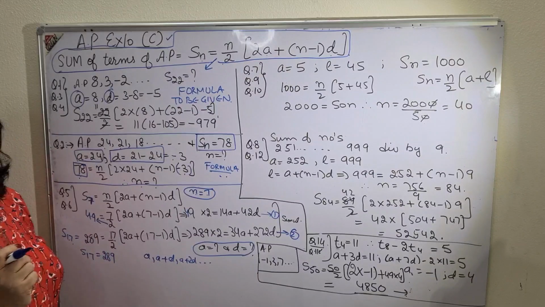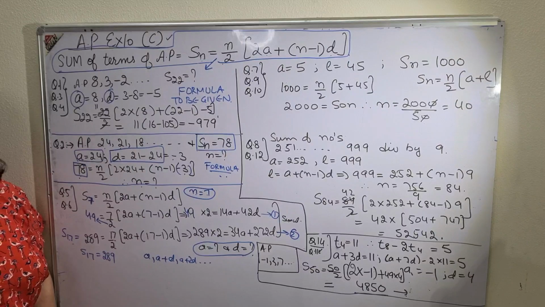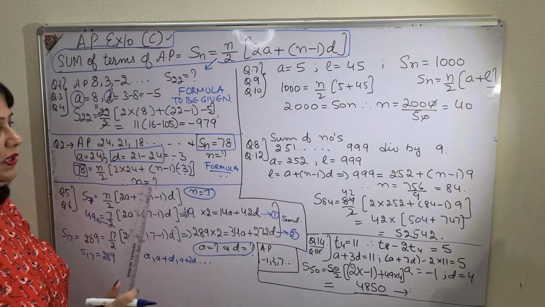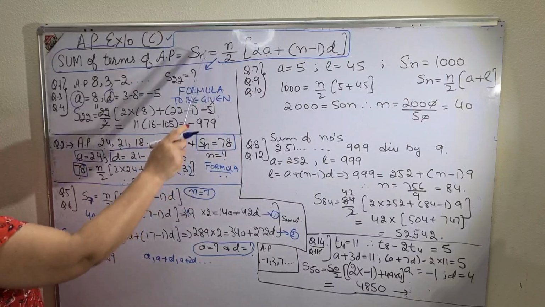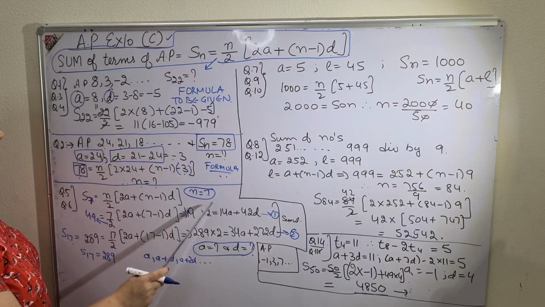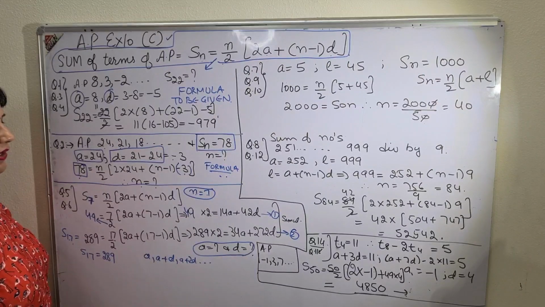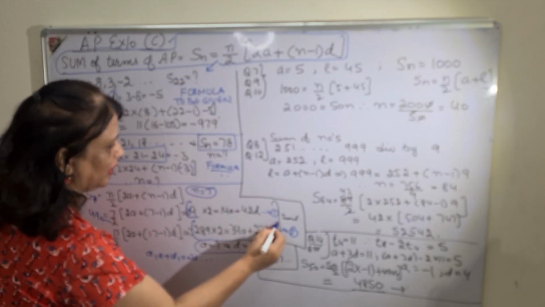In the last exercise we used the formula L is equal to a plus n minus 1 into d. That time the last term was given, but this time the sums have been given. So S7 is 49, and S17 is 289, and this gave me two simultaneous equations. This is the first one and this is the second one as I am marking it.